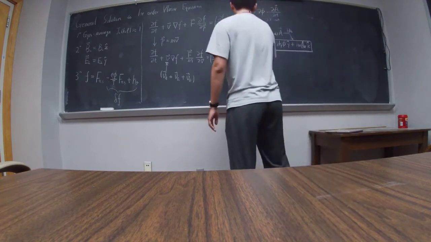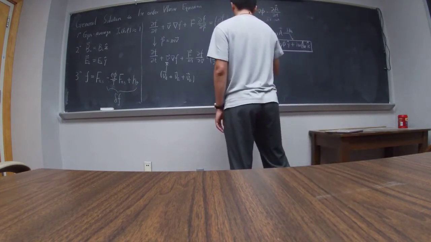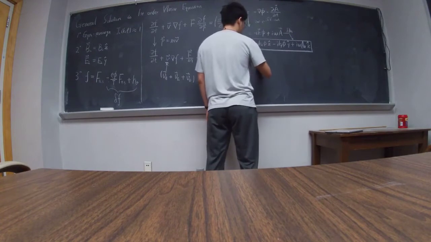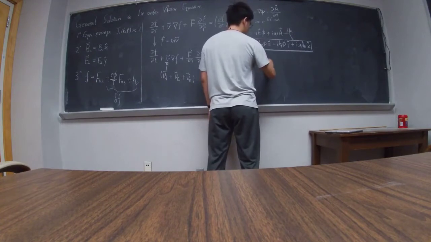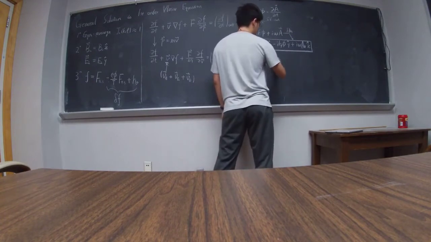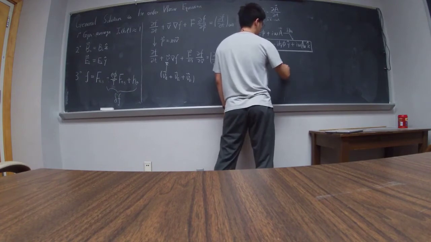And as for B, we have B naught plus del cross A parallel.